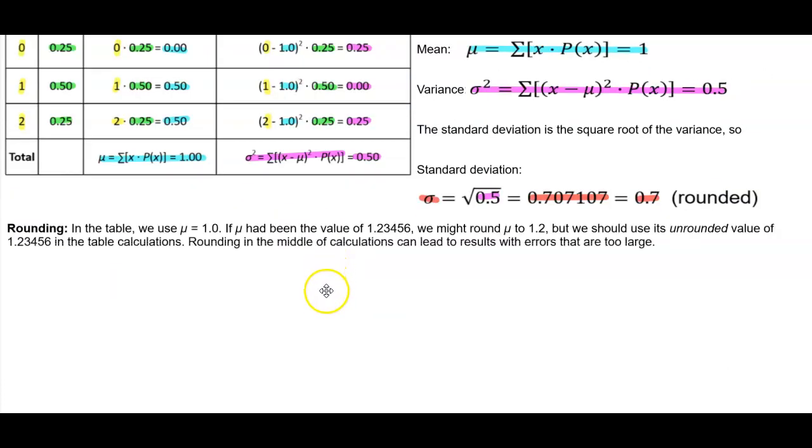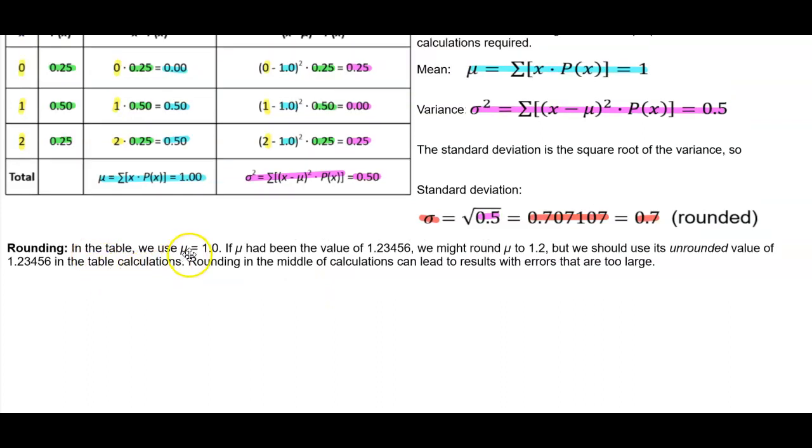Let's take a look at this here. In the table, we used mu, which is equal to 1.0. Now, if that mean had been the value 1.23456, we might round mu to 1.2, but we should use its unrounded value of 1.23456 in the table calculations.